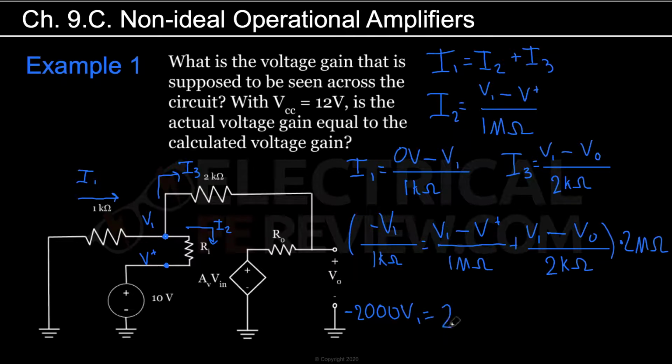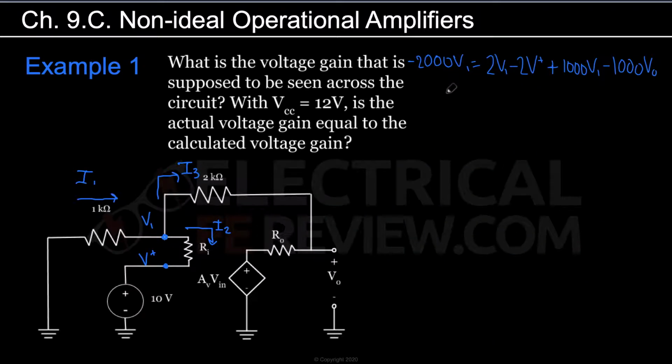So it's going to be 2 V1 minus 2 V plus. And then 2 mega ohms divided by 2 kilo ohms is going to give us 1000, and we're going to distribute that to V1 and V out, which is going to be plus 1000 V1 minus 1000 V out. So we're going to clear the screen and keep working on this.